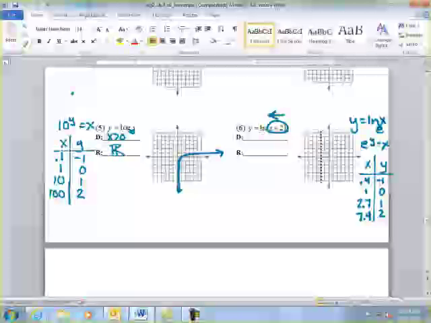So over 0.4 and down 1, over 1 and 0, over almost 3 and up 1, almost 7.5 and up 2. And that dotted line becomes our asymptote.